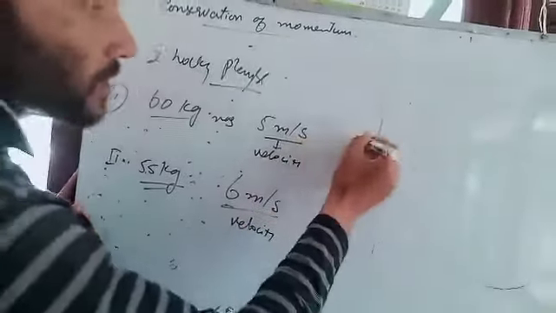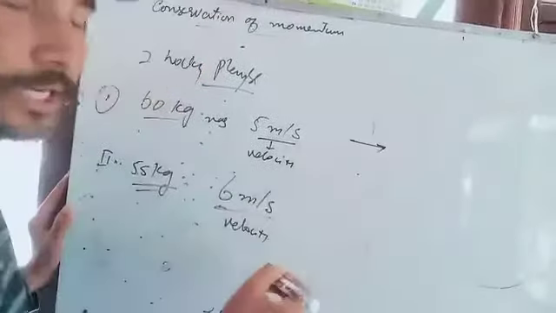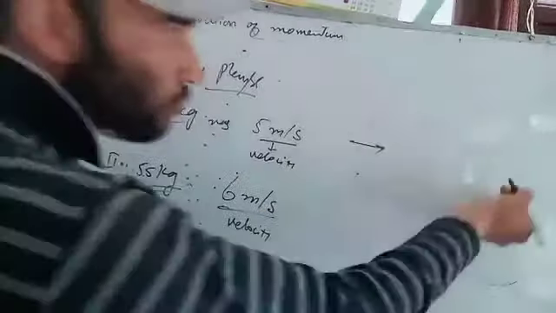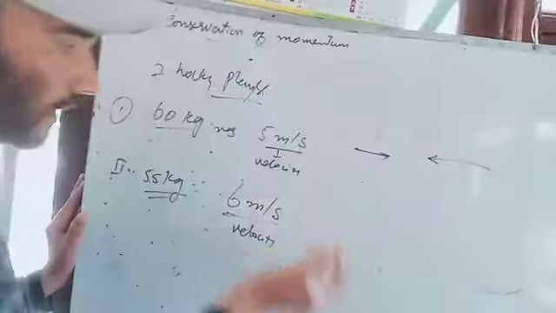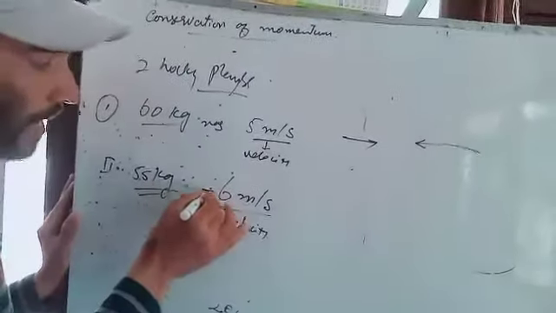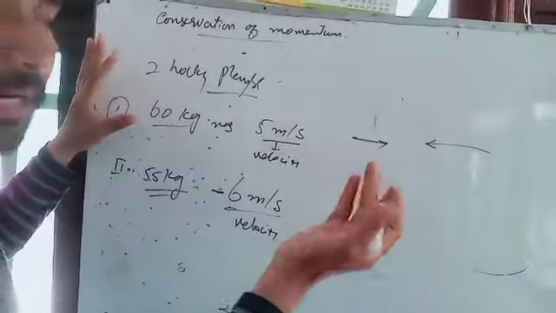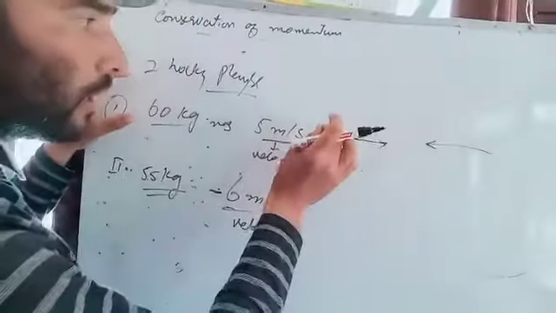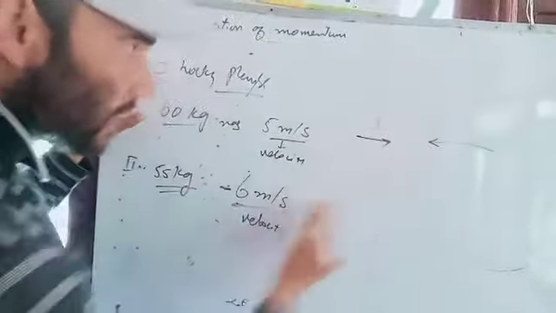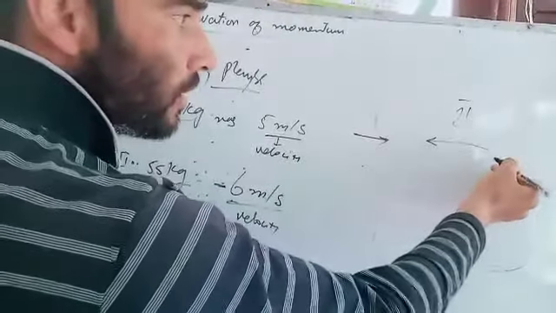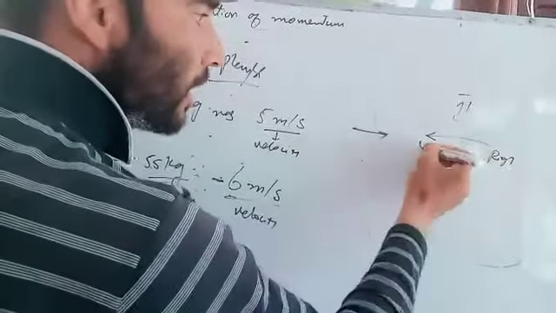That means if the first player is moving towards this direction, and the second player is moving towards that direction, it will have a minus sign, having the opposite direction. By convention, the first player moves from left to right, and the second player moves from right to left.